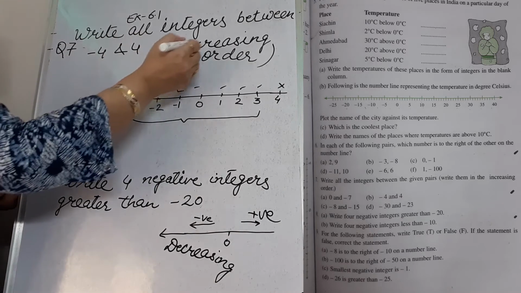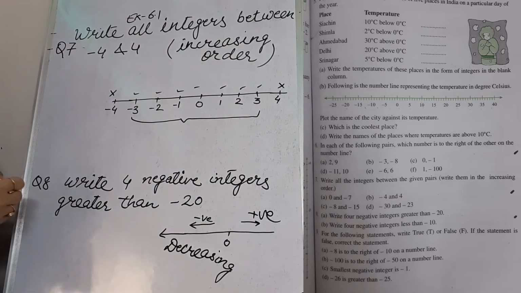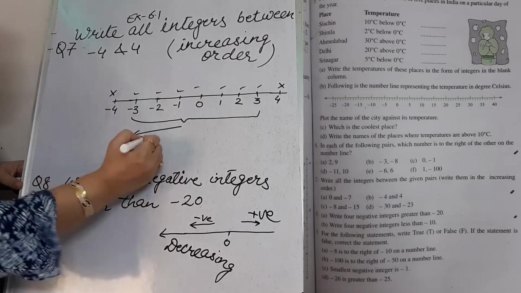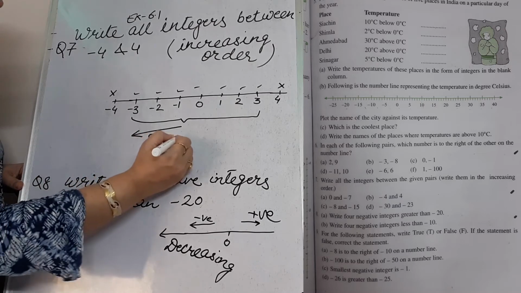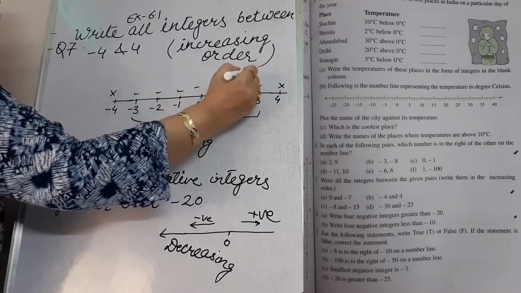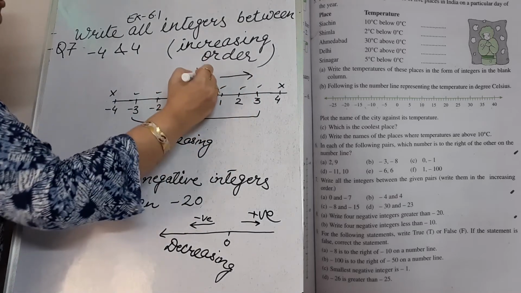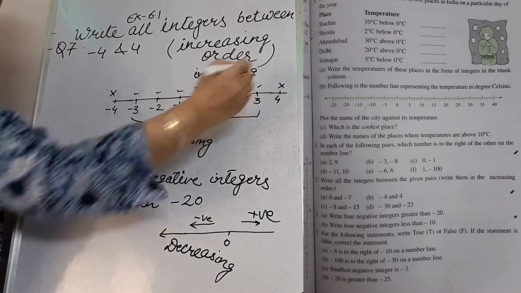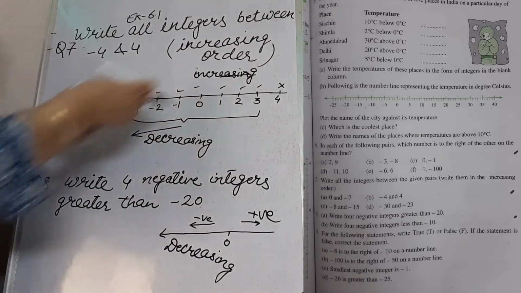And question is you have to write in increasing order. Is it in increasing order? All of you know about their order. Here you write negative integers in decreasing order and these are in increasing order. Positive integers I am writing in increasing order.